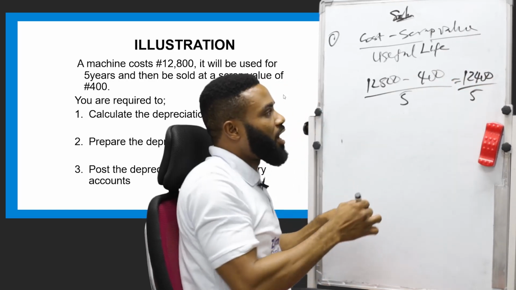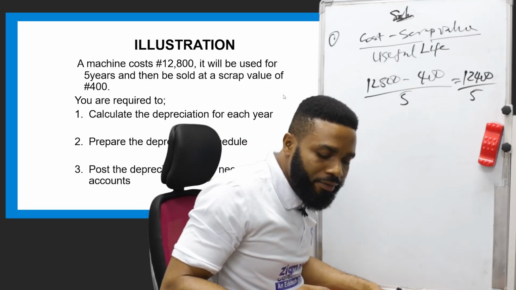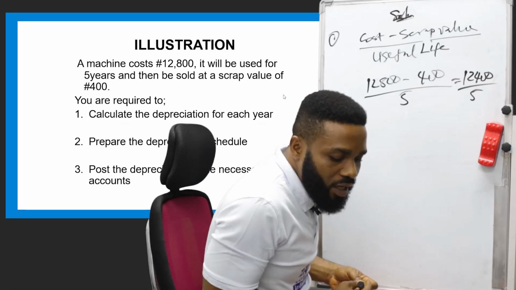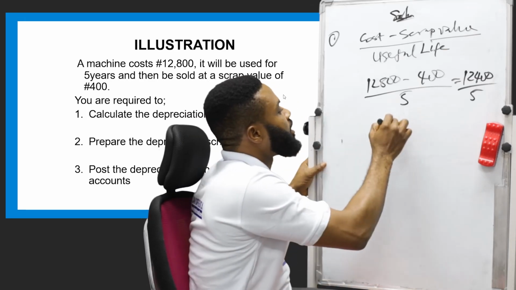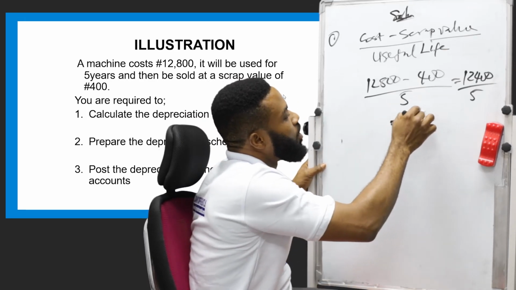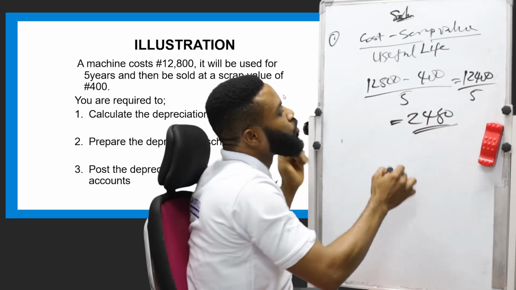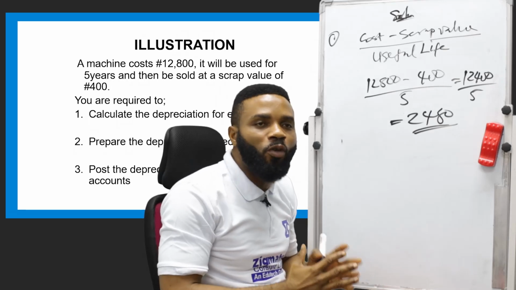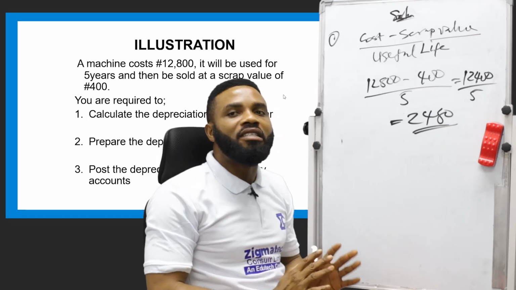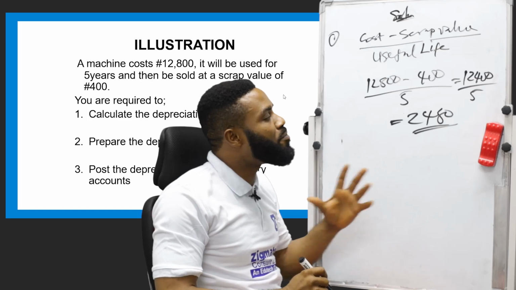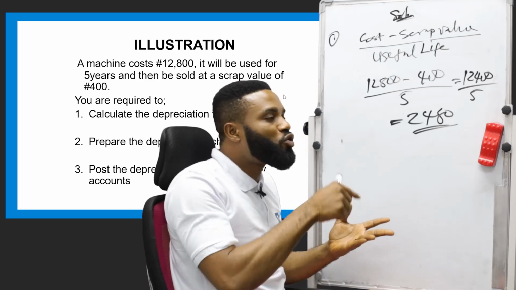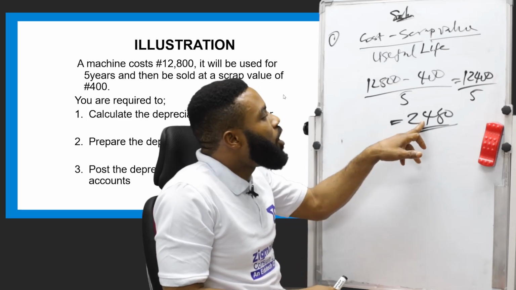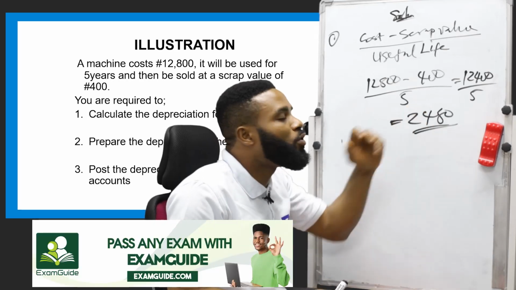Now let's divide 12,400 by 5. It will give you 2,480. So this 2,480 is the depreciation for each year. Remember, we are using the straight line method. So by the straight line method, year 1, year 2, year 3, year 4, year 5 will all be going with 2,480.